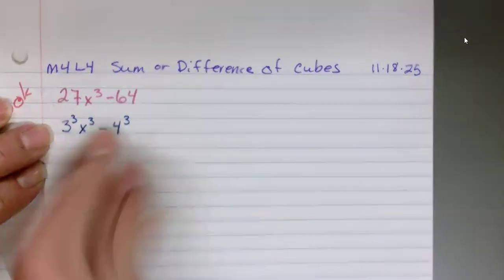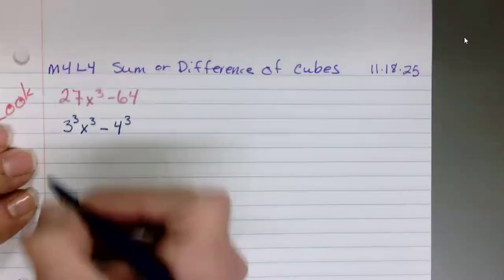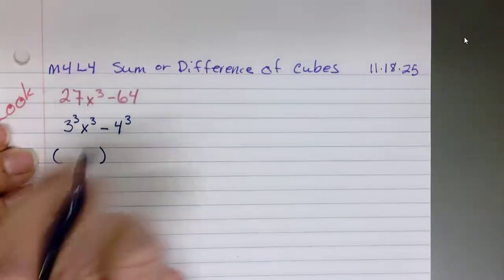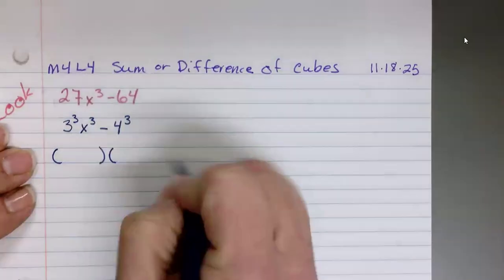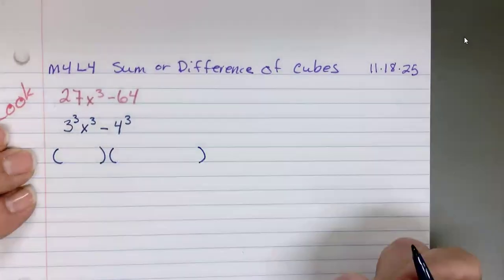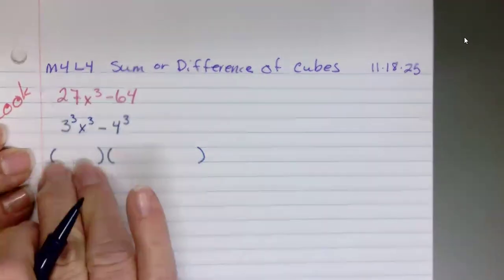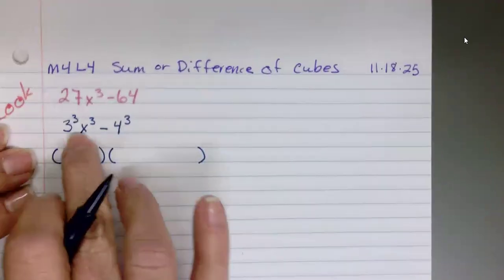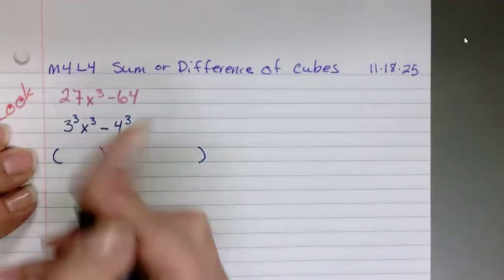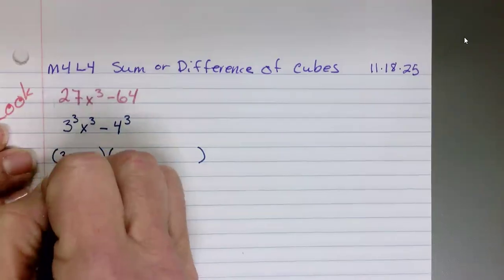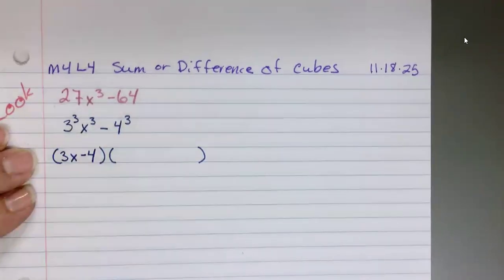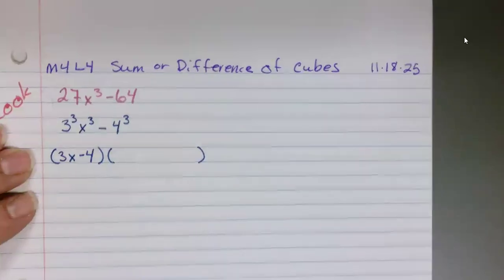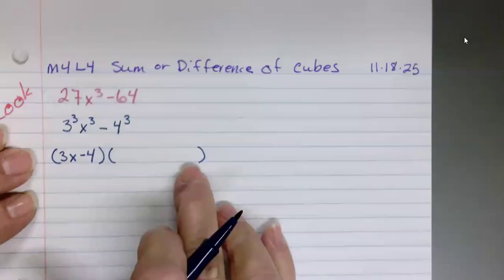And then you have to follow the pattern. So these are going to end up being a binomial times a trinomial. In the binomial, we put all of this, but without the cubes. So it'll be 3x minus 4. Then this is going to have 3 terms.